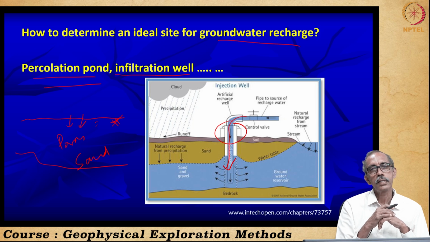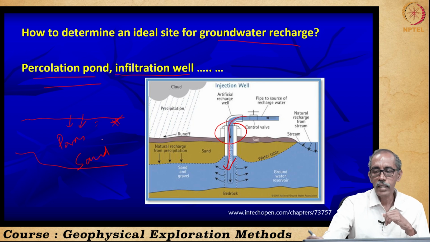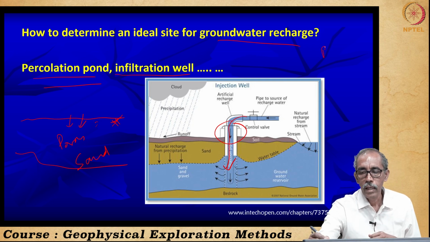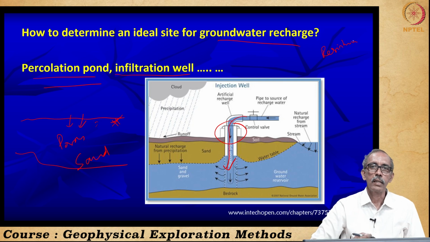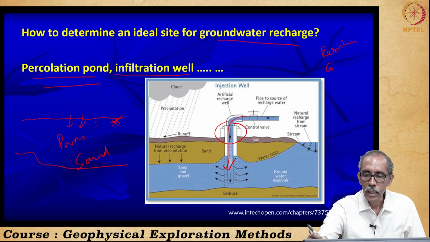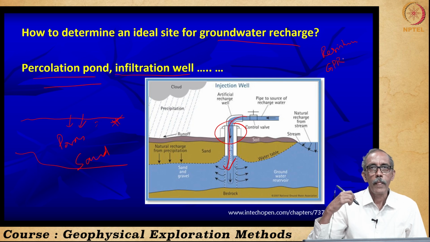What are all the techniques we have learnt during this course? Can you answer me? I will tell you, we had seen initially the electrical resistivity method. To identify sandy deposit, we can use the resistivity method. We can also use ground penetrating radar.